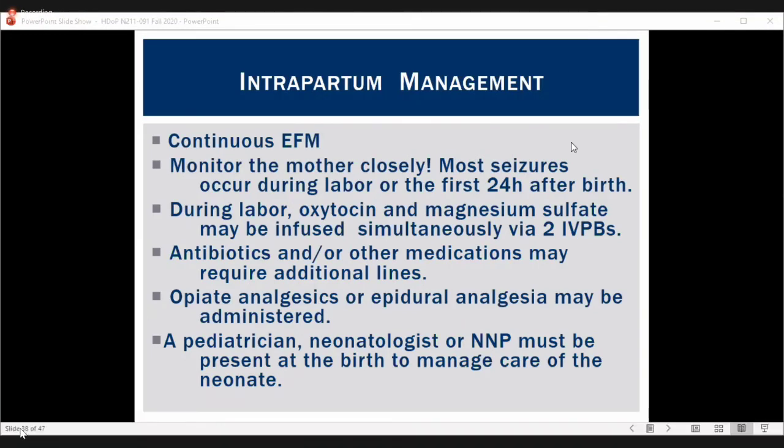So now we need to give oxytocin to augment the labor. I know intellectually it seems like you have two opposing forces, but you have to understand why we're doing what we're doing. The magnesium prevents the seizures, but the magnesium is reducing the efficacy of the contractions. So now we have to give the oxytocin.